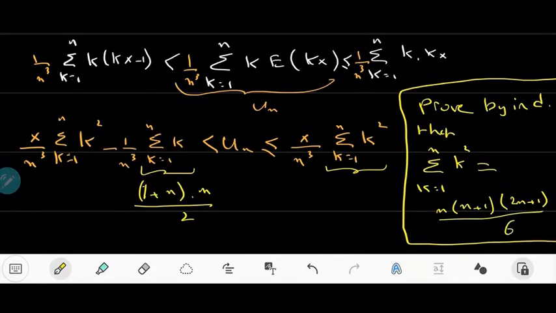So try to prove this by induction. So here the sum of k squared is equal to n times (n plus 1) times (2n plus 1) over 6.